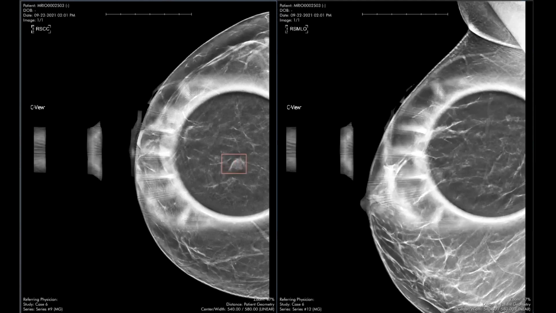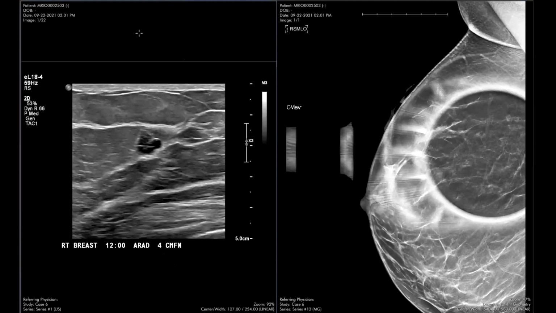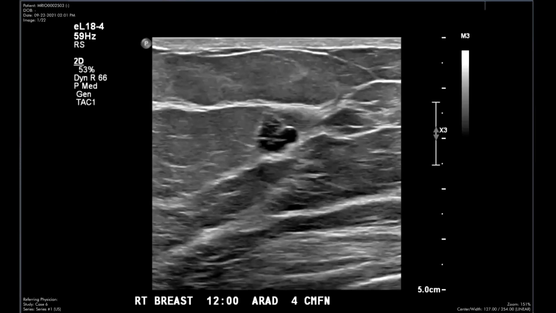This is on the CC view. So then we do a targeted ultrasound exam. And in this case, on the ultrasound, this is what we're seeing. This is a great example of clustered microcysts, which is the second indication for BI-RADS 3 on ultrasound that BI-RADS specifically describes.